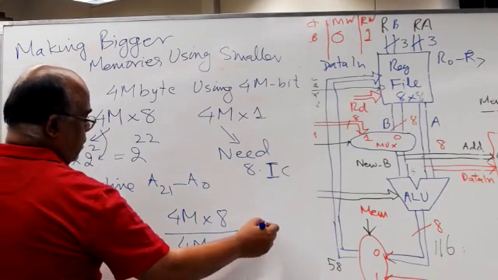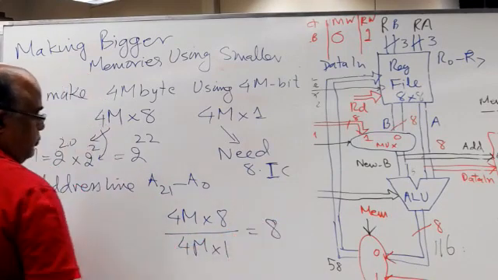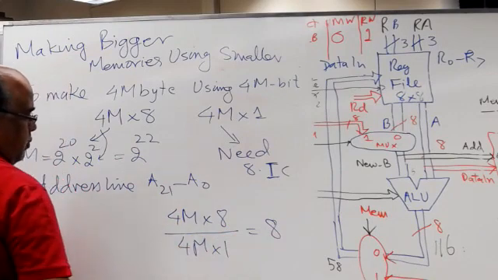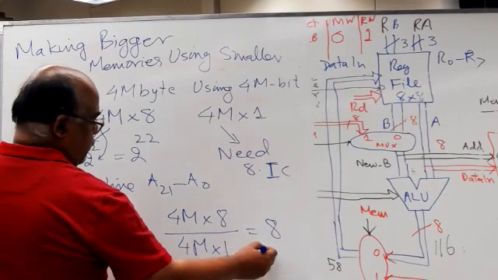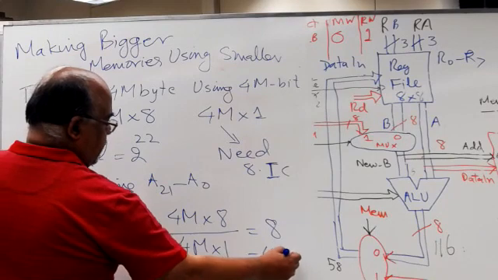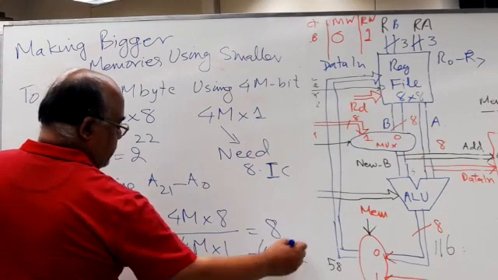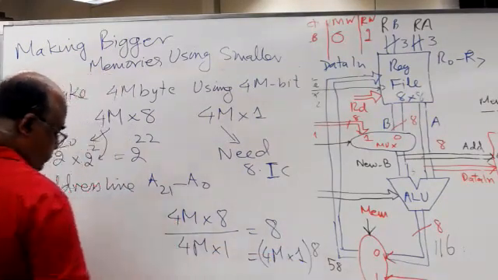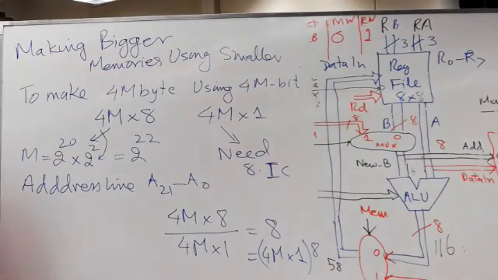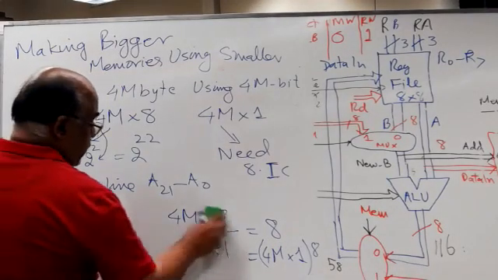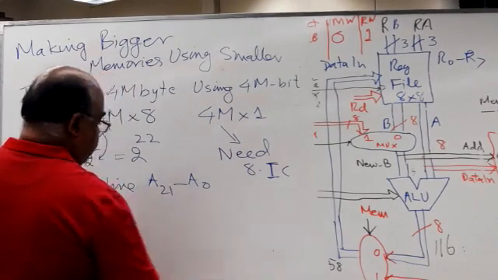So this comes out to be 8. 4 megabytes multiplied by 8, 8 ICs. So how do you make this memory array?